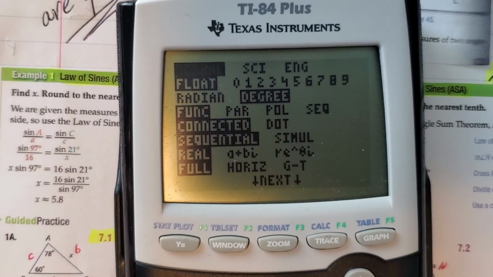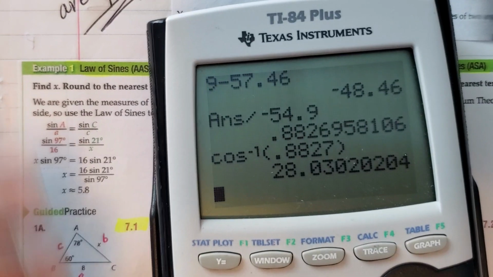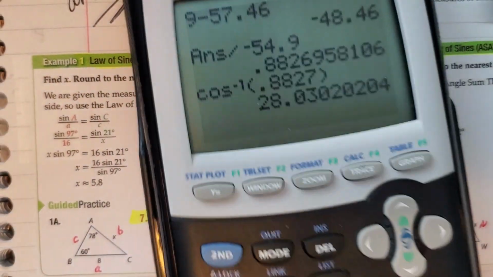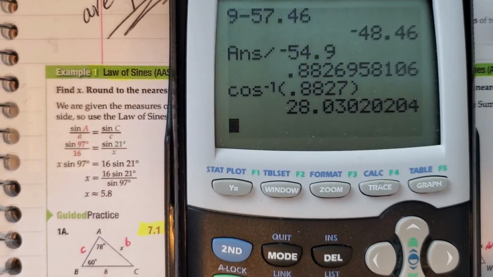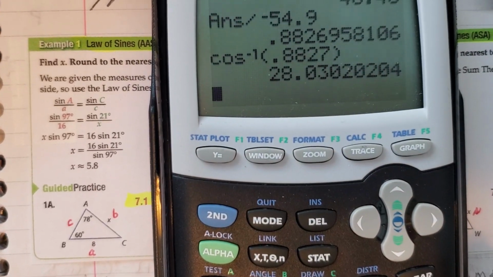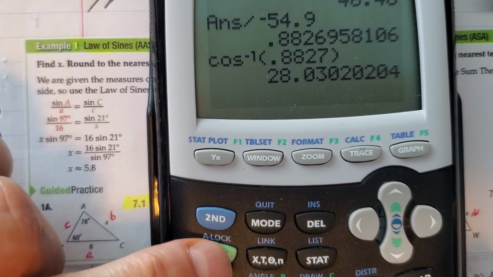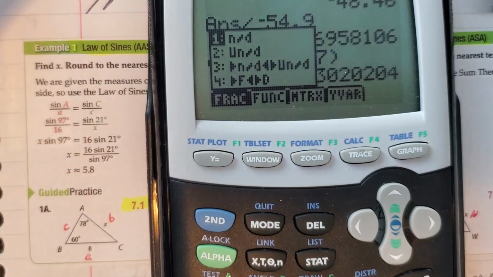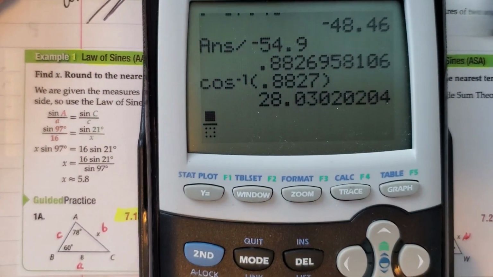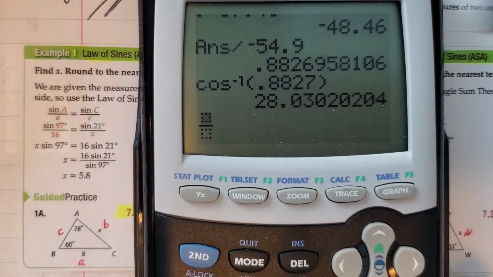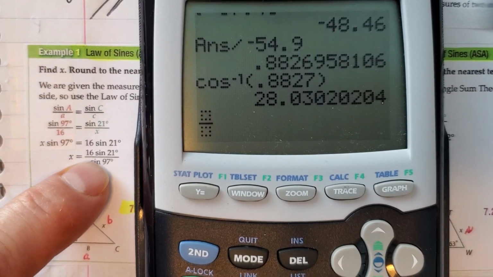So on this problem, I like to use the alpha F1 function for setting up my fraction. So alpha F1, first option gives you your fraction. And now I'm going to set this fraction up. So I'm going to write 16 times the sine of 21.